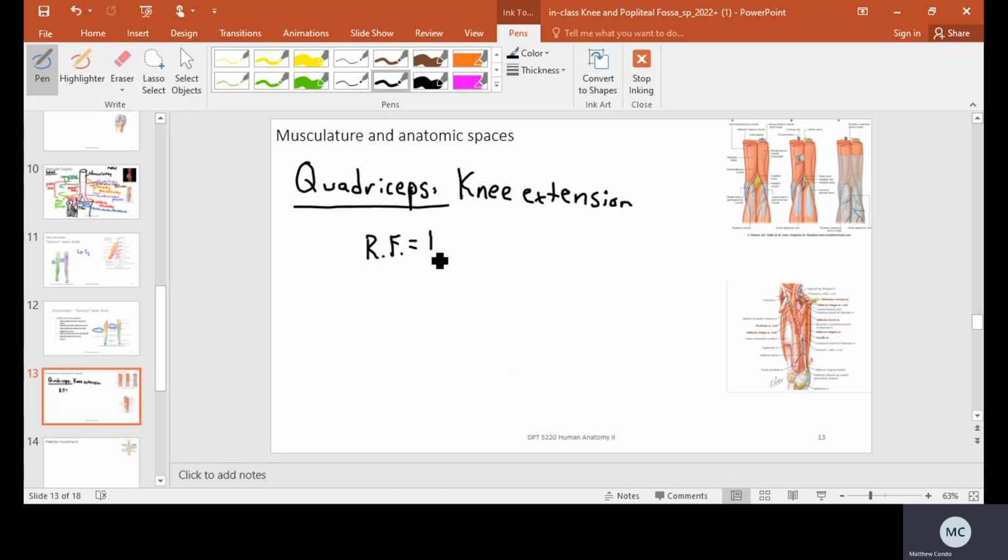RF, rectus femoris, also does hip flexion, right? If my quadriceps perform knee extension, what motion do they eccentrically control? Knee flexion. Okay? So we just kind of did that with the stand to sit example.